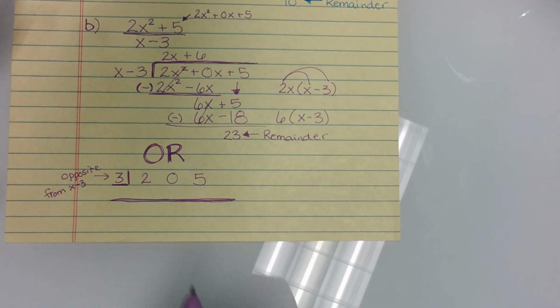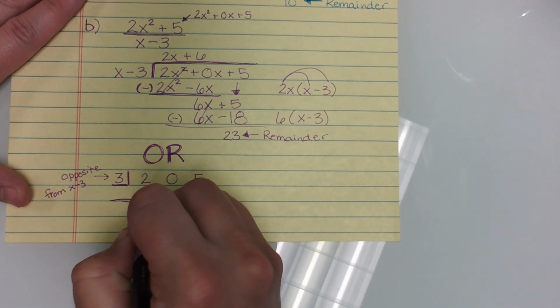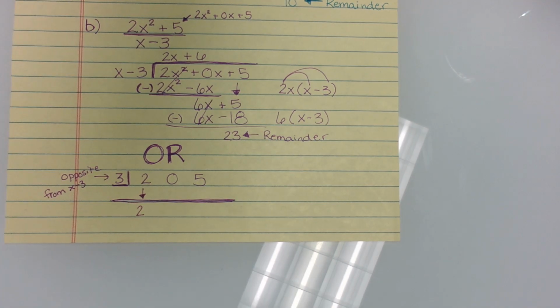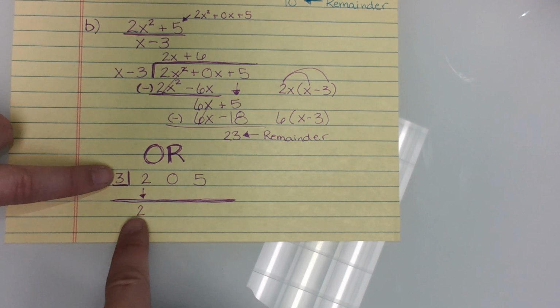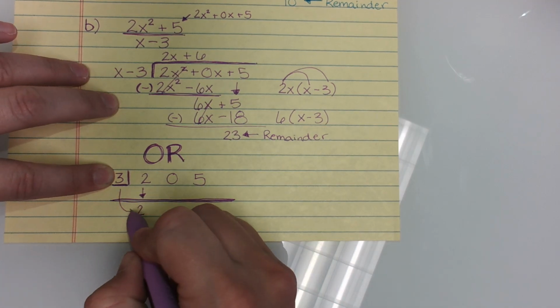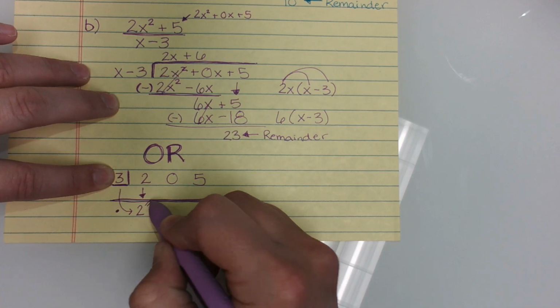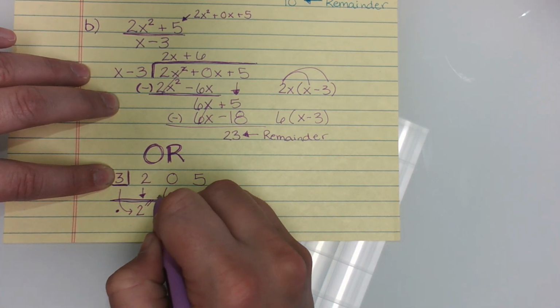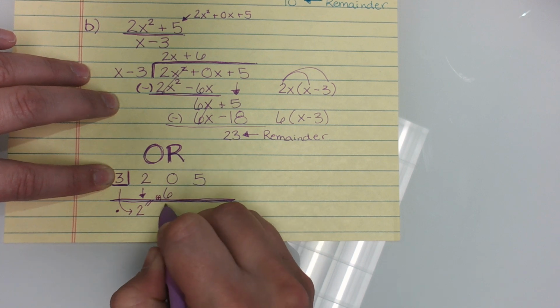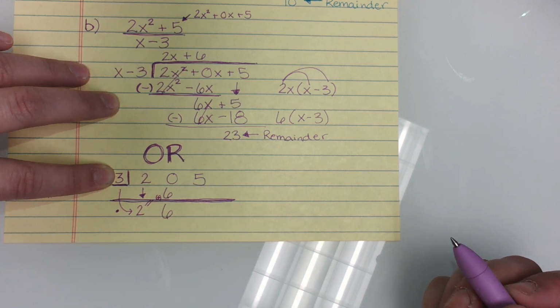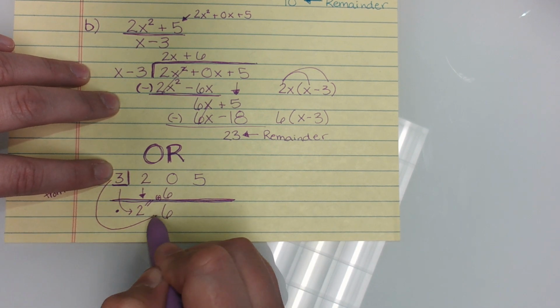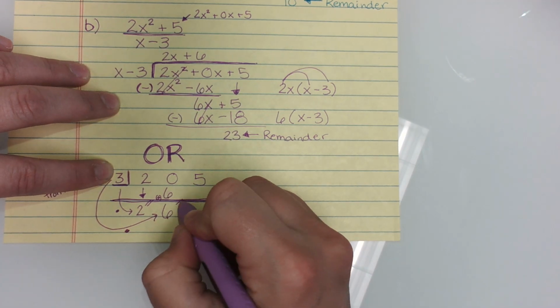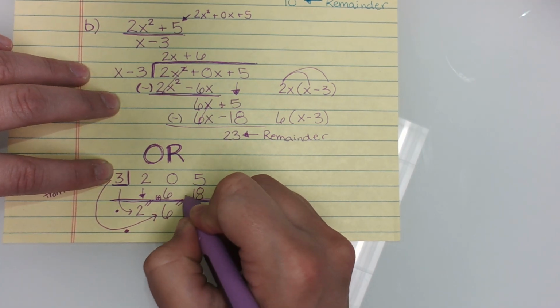Synthetic division works just as well. You pull down the first term, and then it goes multiply, add, multiply, add, multiply, add. Multiply these. 3 times 2 is 6. And then we add. And we get 6. Multiply again. We get 18. And then we add.